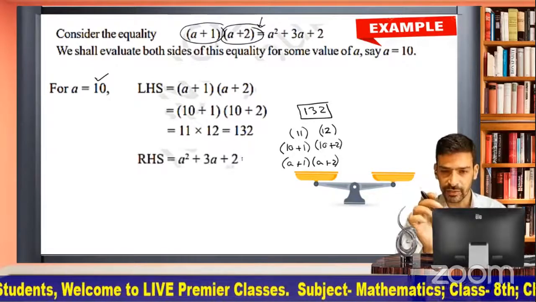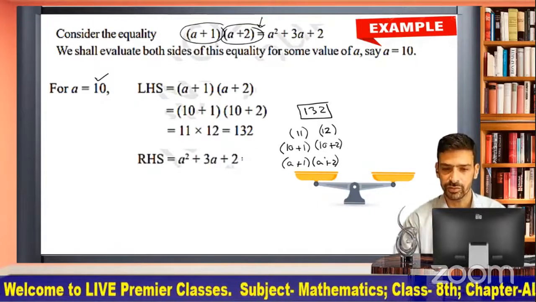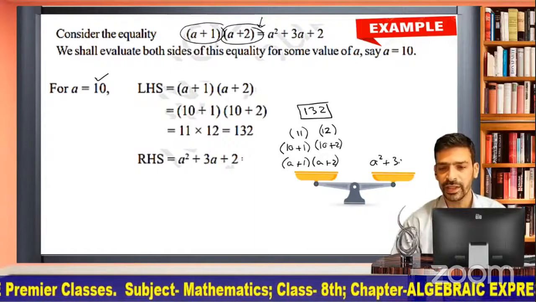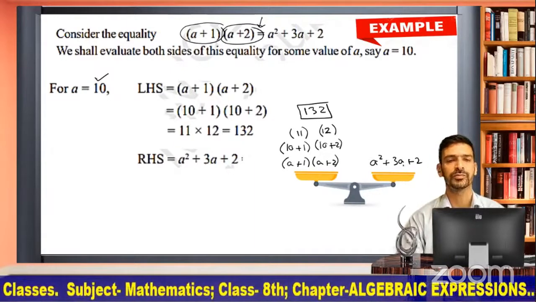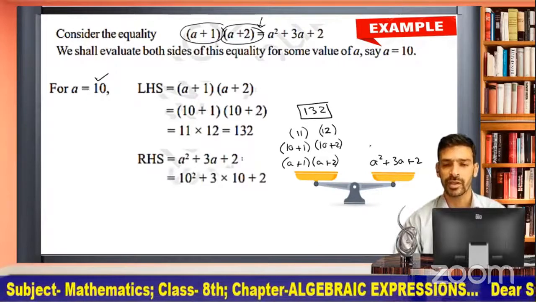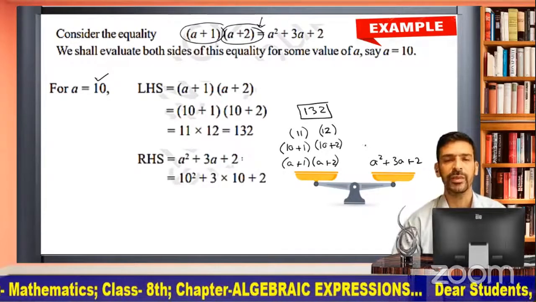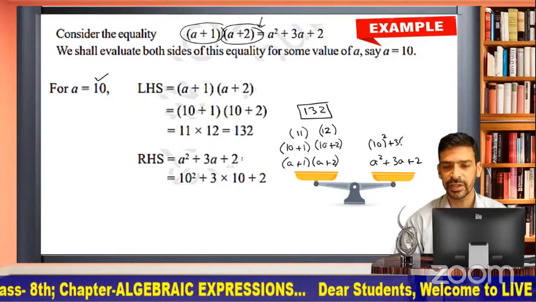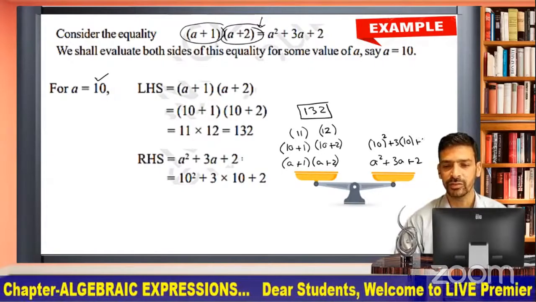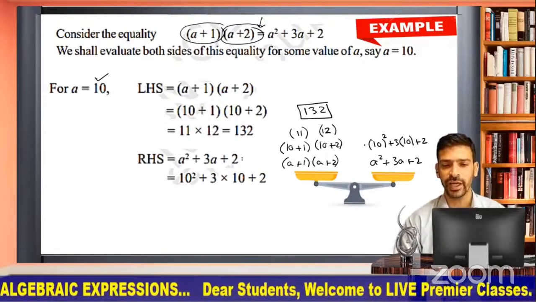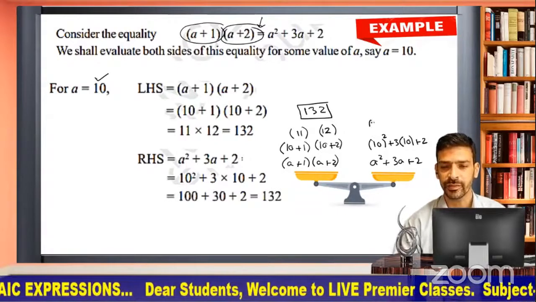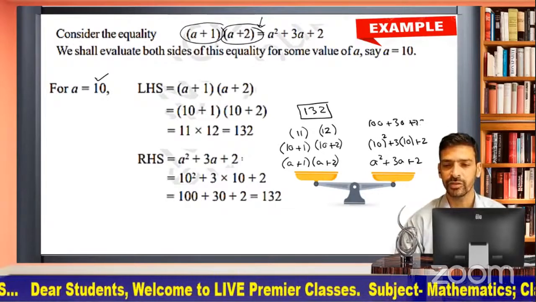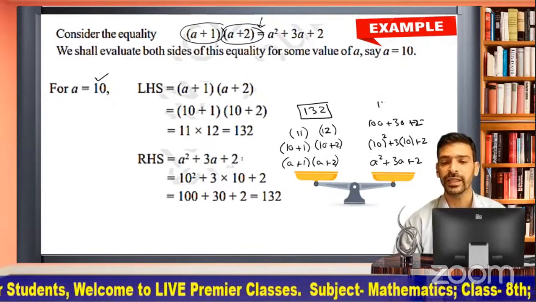That is, this is a square plus 3a plus 2. I write it here. A square plus 3a plus 2. Substituting the value for a, हमने a का value 10 लेना है. It is 10 square plus 3 times 10 plus 2. So 10 square is 100 plus 3 tens is 30 plus 2. So we got 132.